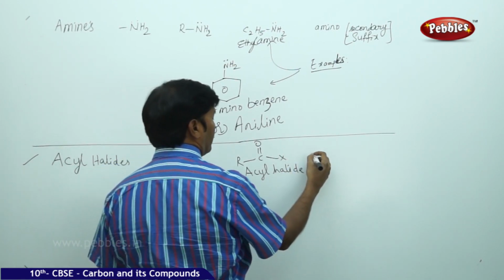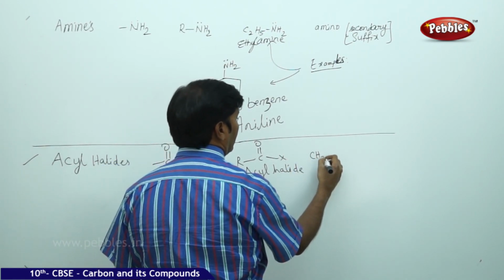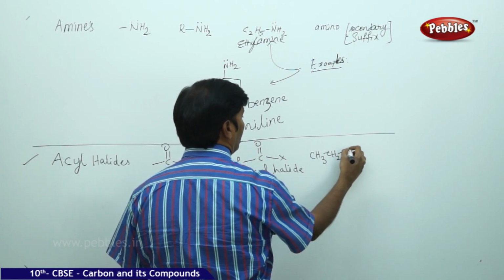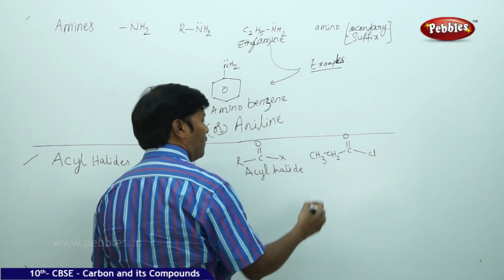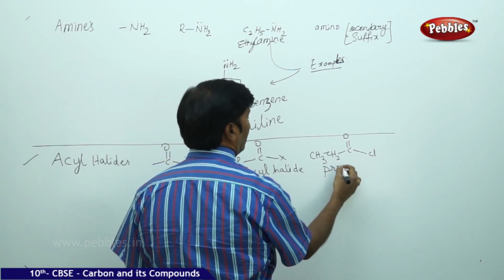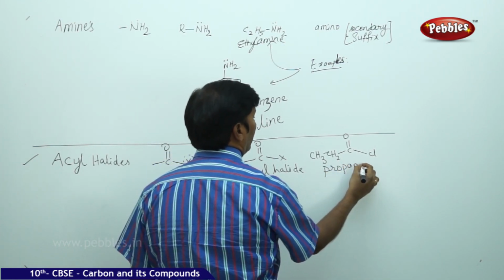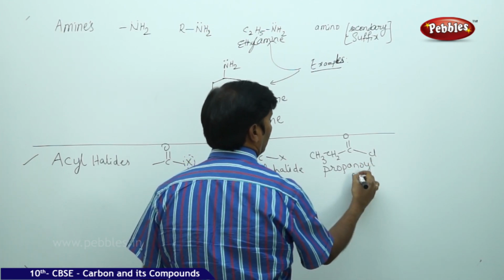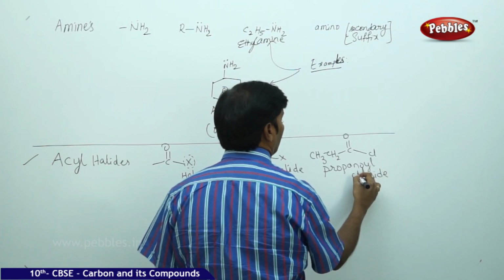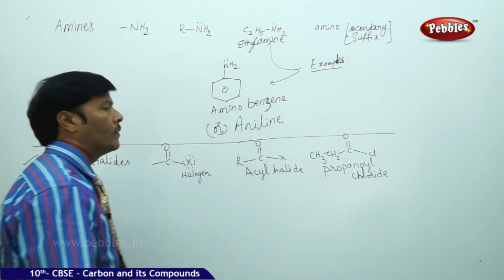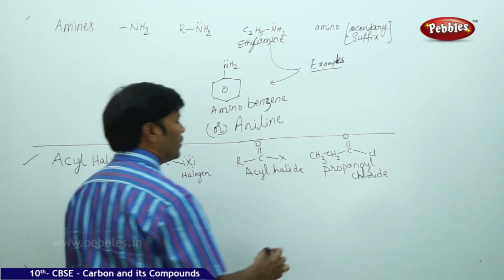Example, you can take CH3 CH2 carbon double bond chlorine. This is propanoyl chloride. Propanoyl chloride is the example which you can take.